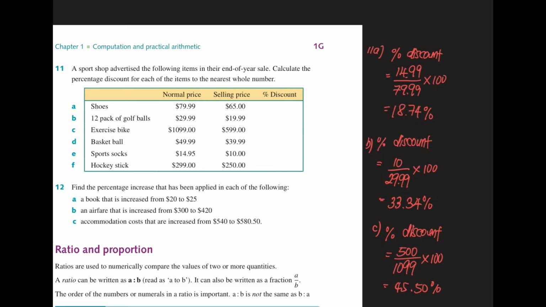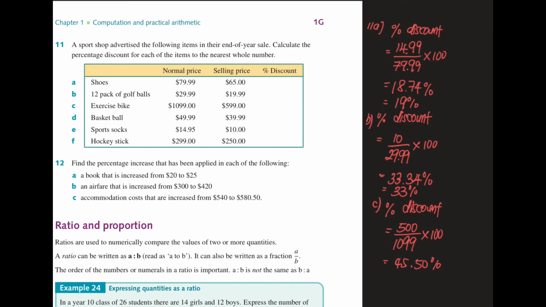nearest whole number. So we have to round off our answer to whole number. Okay, so I round off all the answer here. This is going to be 19%, and for B is going to be 33%, and for C is going to be 40.